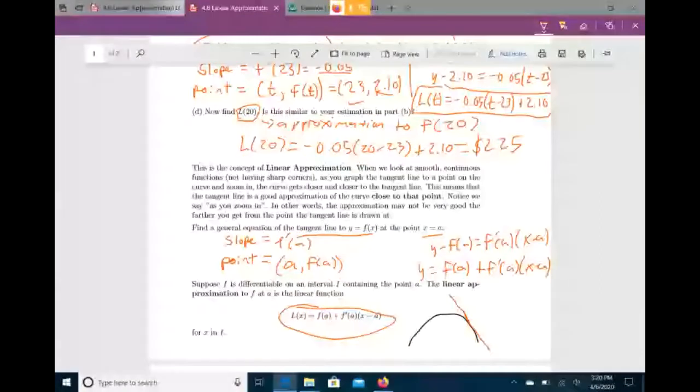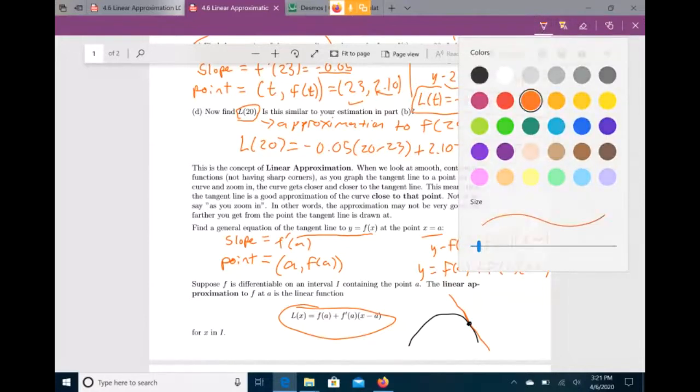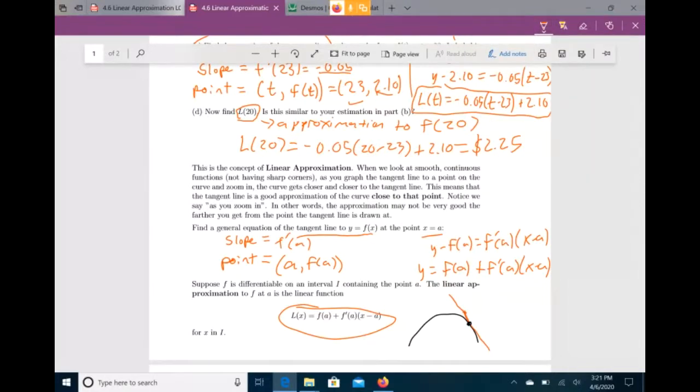Okay, so the idea is maybe I know the value of f and f prime at a given point. I can use the tangent line to approximate the value close to that point. All right, and we'll do that.